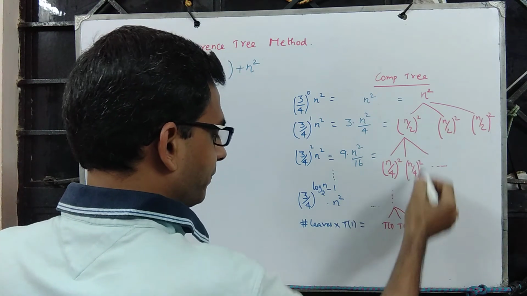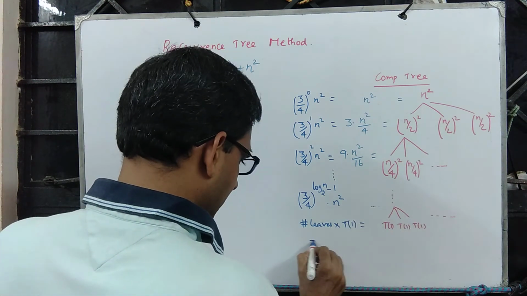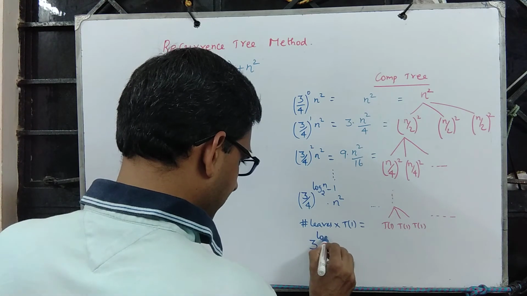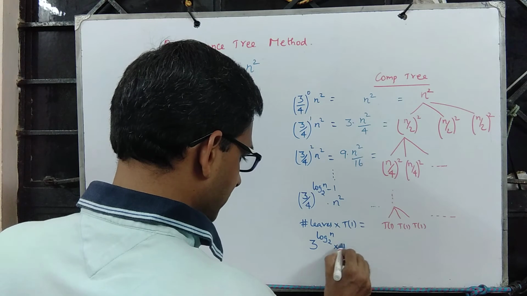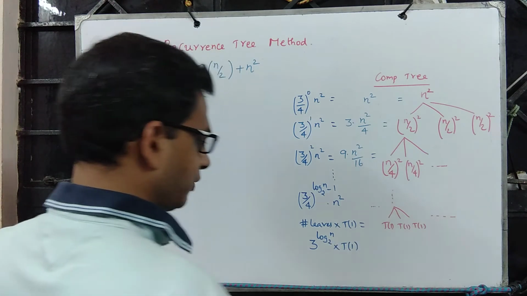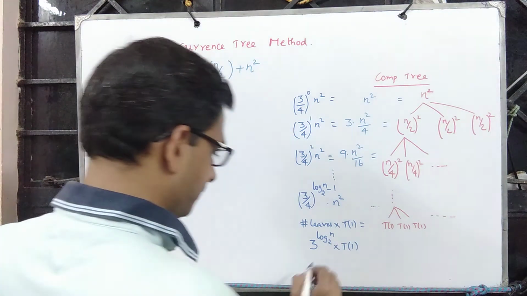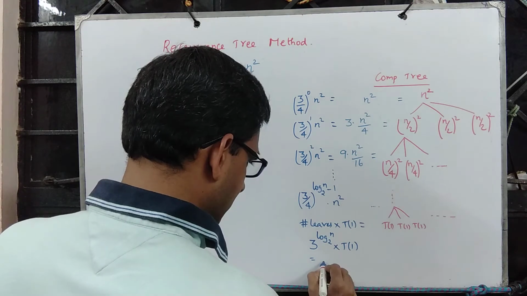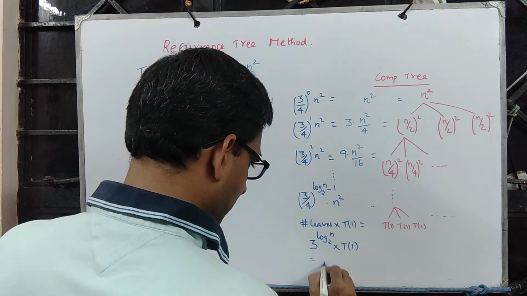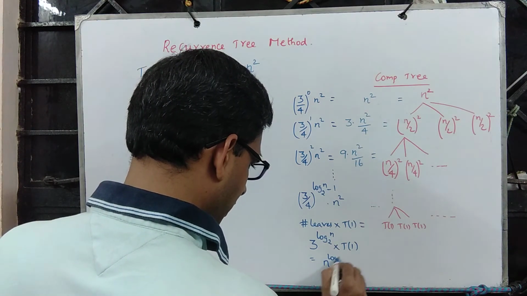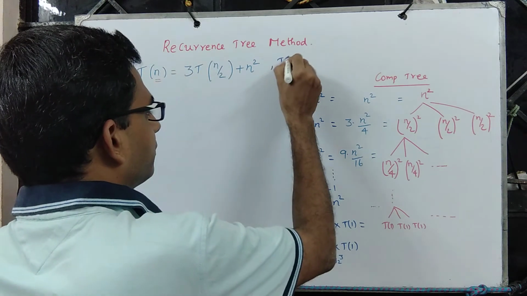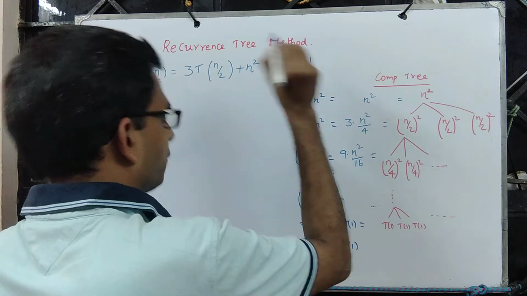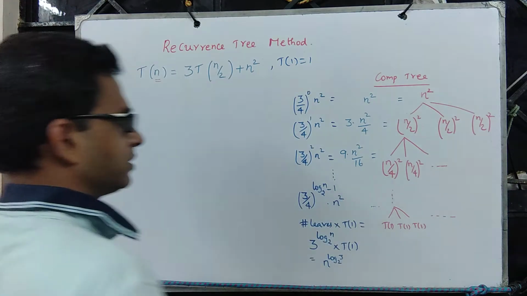At the last level, it will be 3 power log n base 2 times the value of T of 1. Put in other words, this will be n power log 3 base 2. For this recurrence, you assume T of 1 is 1. So this would be the cost.